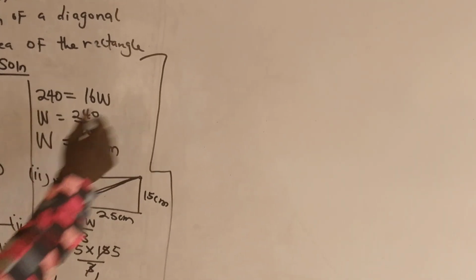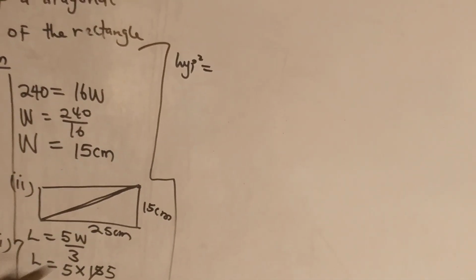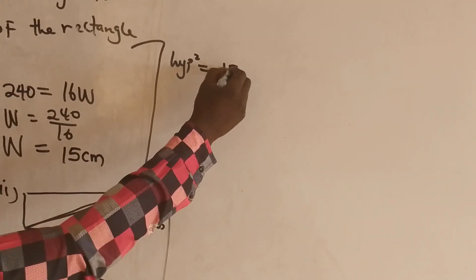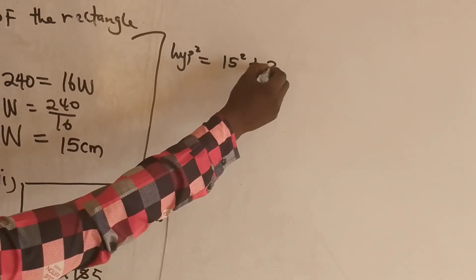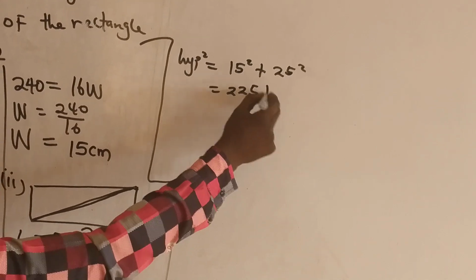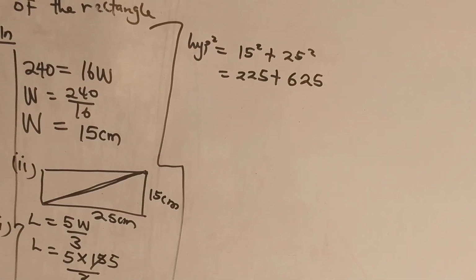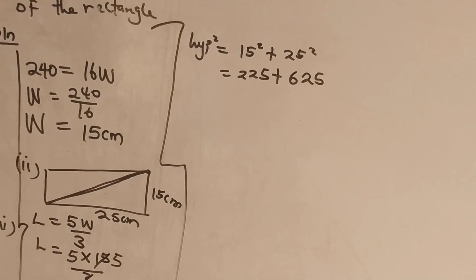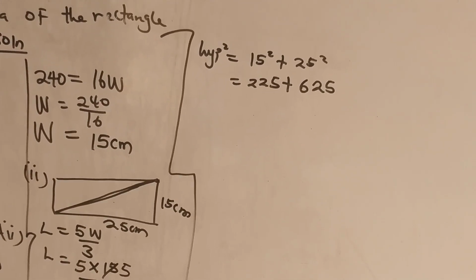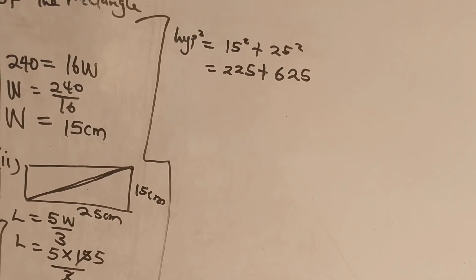So hypotenuse squared equals, the adjacent side is 15, 15 squared plus 25 squared. So here you have 225 plus 625. By the time you add that, 625 plus 225, it will give us 850.